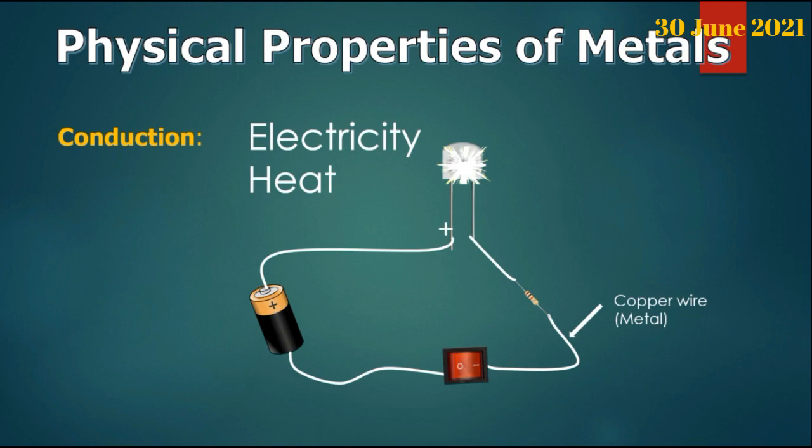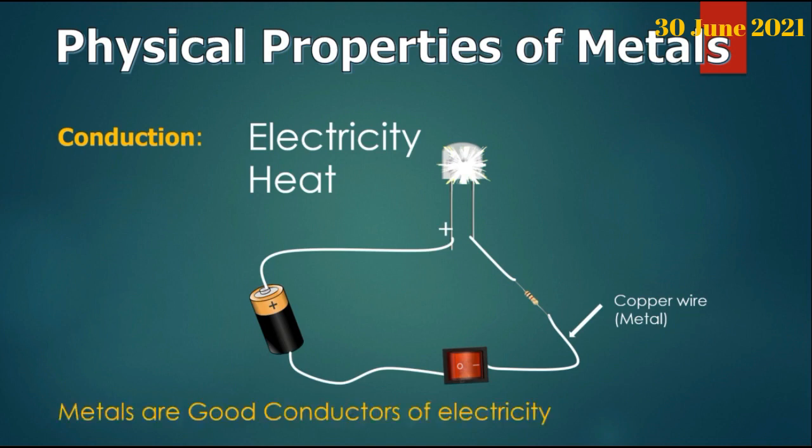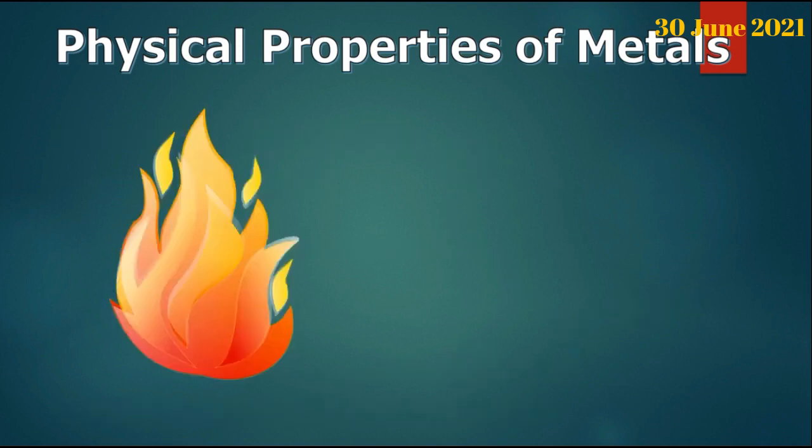Okay. So when the electricity can pass through copper wire, copper is a metal, so we can conclude that metals are good conductors of electricity. Now as far as heat is concerned, how do metals allow the heat to pass through?